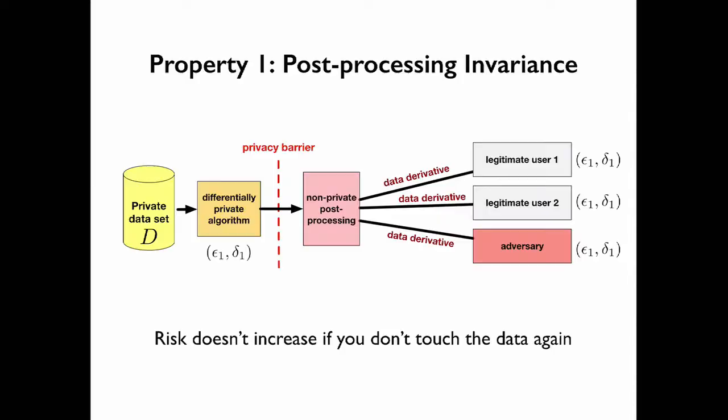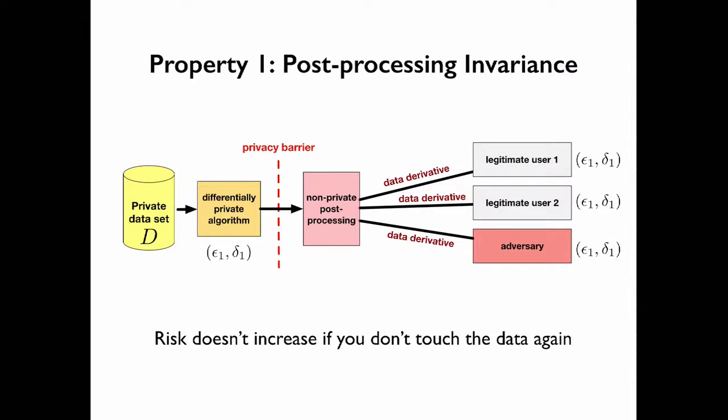So why is this a good definition? Well, differential privacy actually has a lot of very attractive properties. I will mention them very quickly now, and we'll get back to them later in the tutorial. One extremely good property is what is called post-processing invariance. What does this mean?